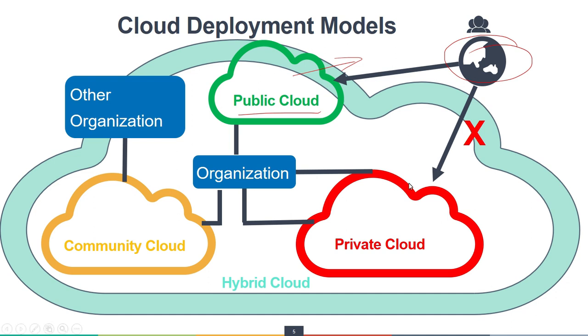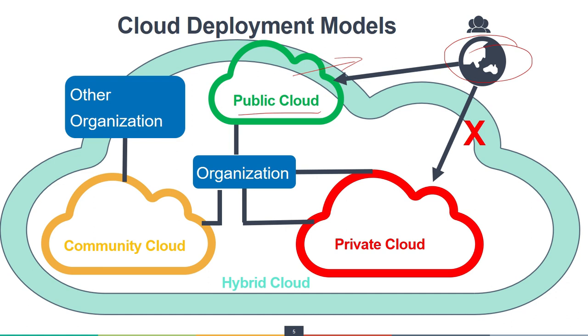They might be using the same server through different workloads. A few examples of public cloud vendors include Rackspace, Microsoft Azure, AWS, and GCP. So these are all public clouds.